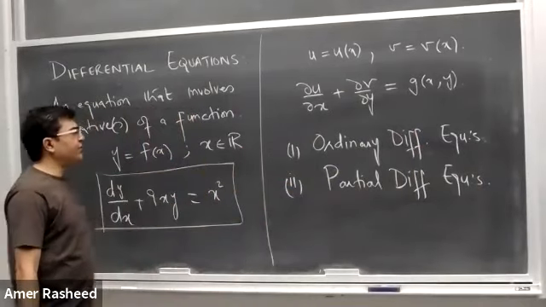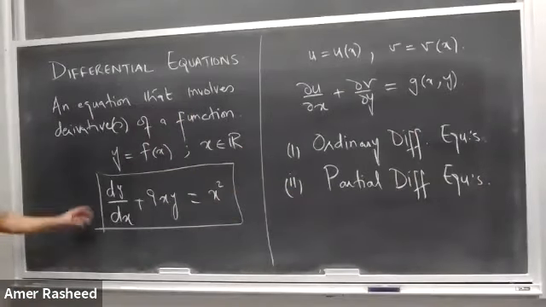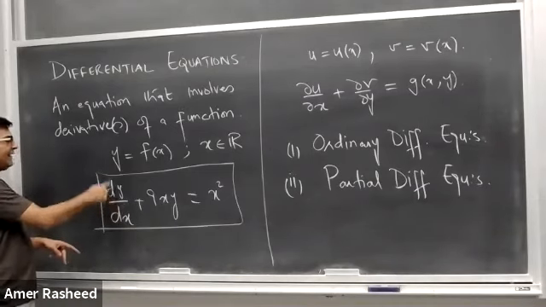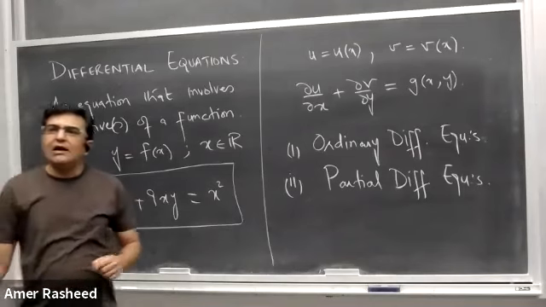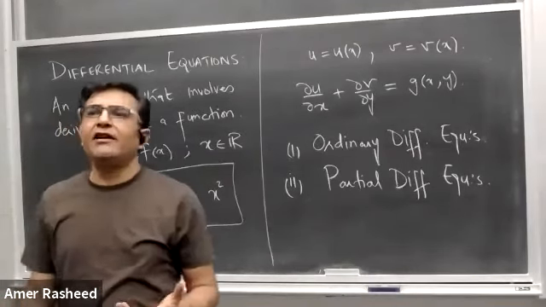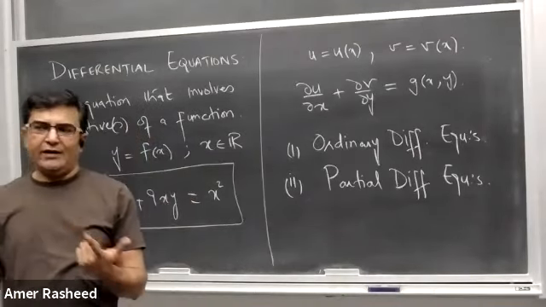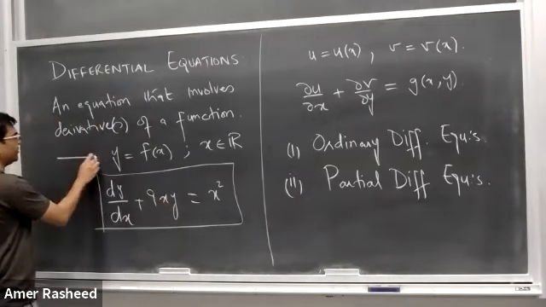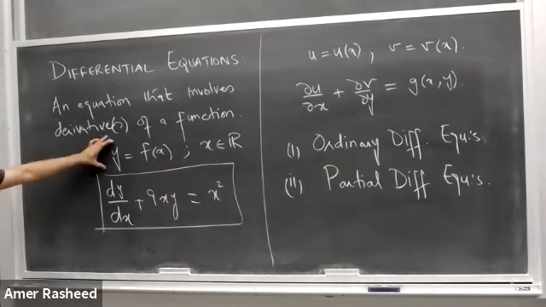A differential equation which involves only ordinary derivatives, like d by dx, is an ordinary differential equation. When do we find ordinary derivatives? When there is only one dependent variable, or the equation involves only one function, y equals f of x.